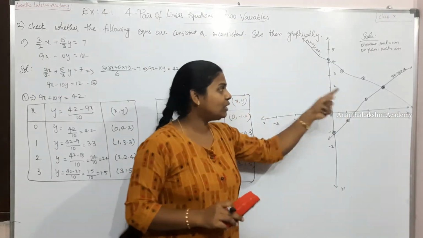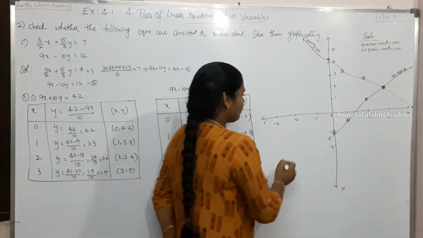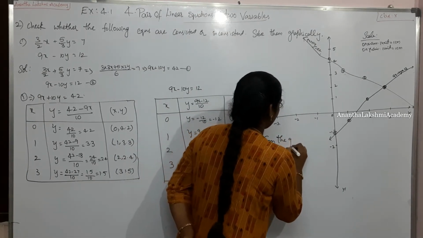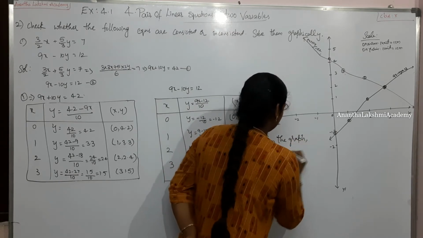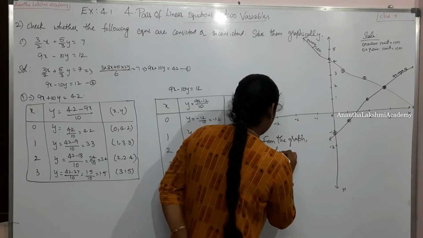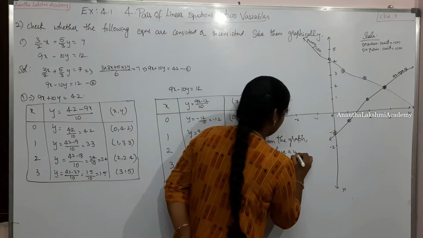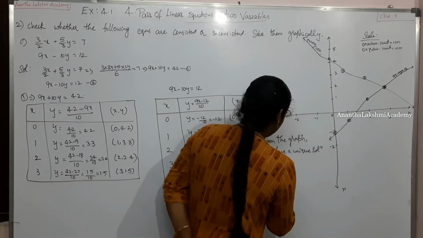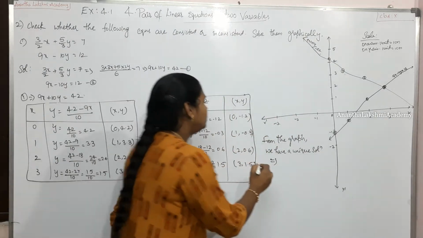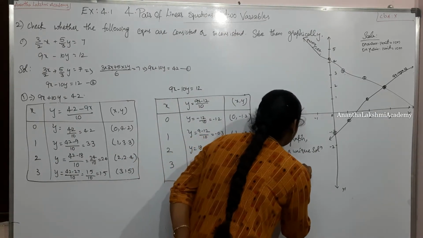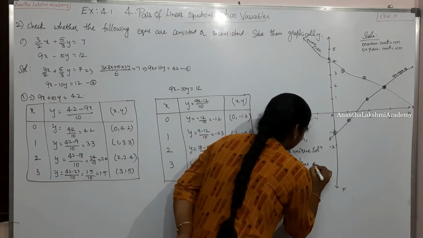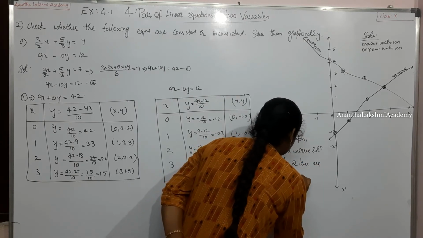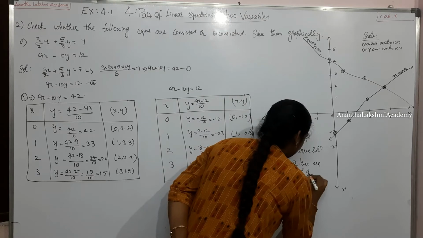We have a unique solution from the graph, which implies the two lines are consistent and independent.